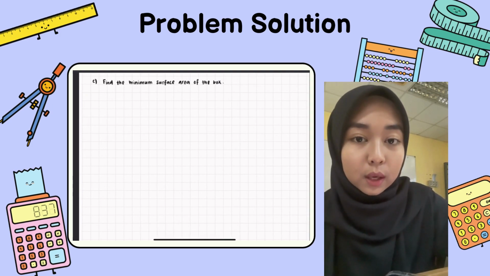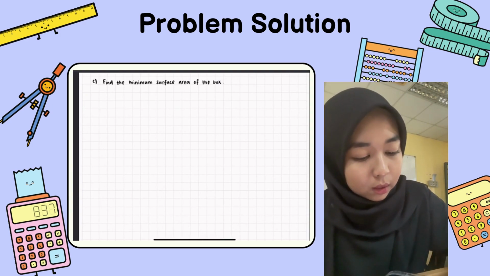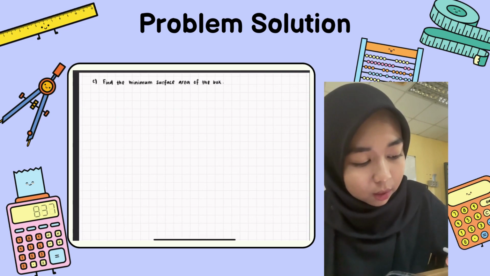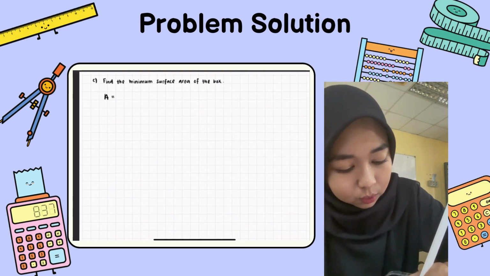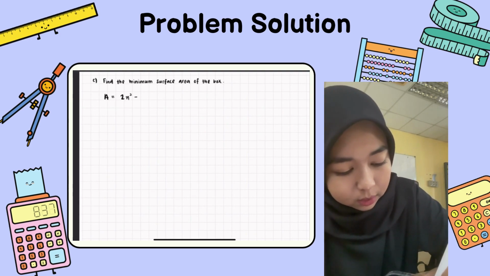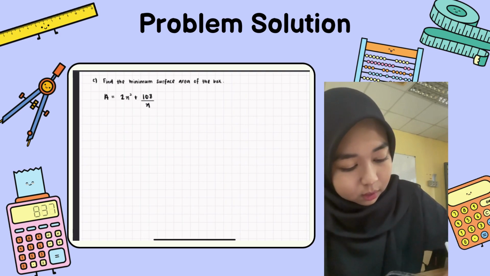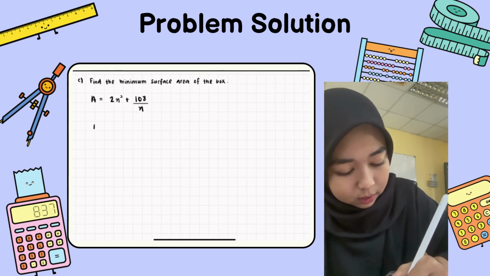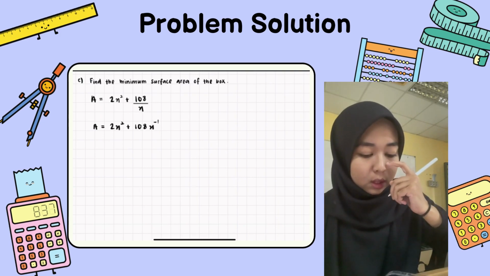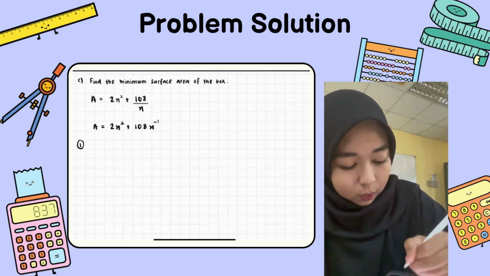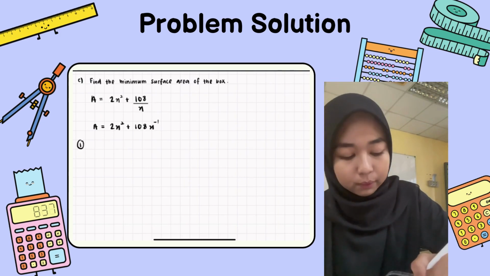Next, we're going to look at question C. We need to find the minimum surface area of the box. We know the area of the box is 2x squared plus 108 over x. We can rewrite this as 2x squared plus 108 x to the power of negative 1. Because first step, we need to find the first derivative.